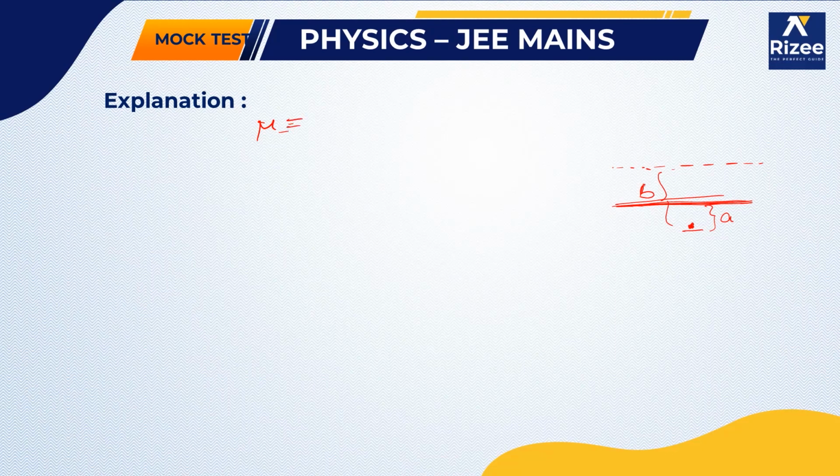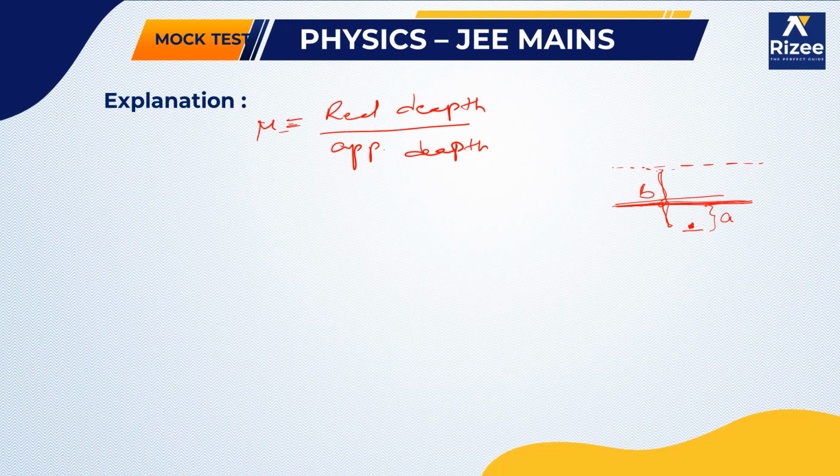Since the object is in the denser medium and you are watching from the rarer medium, mu is equal to real depth by apparent depth.